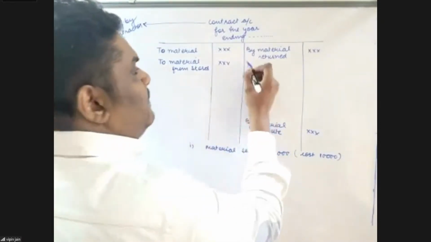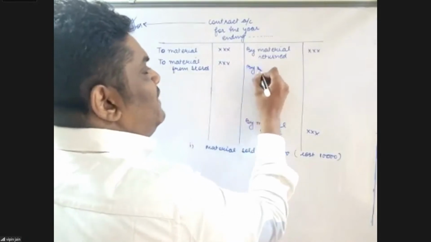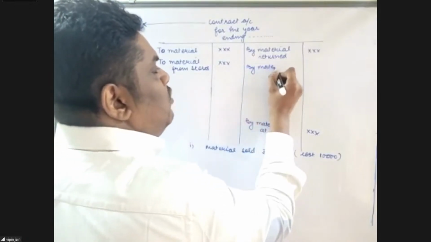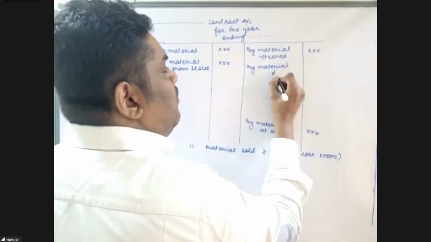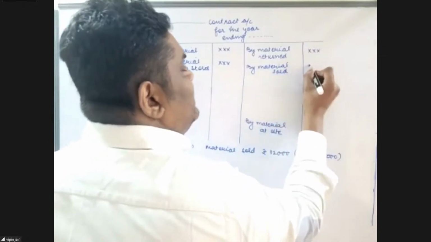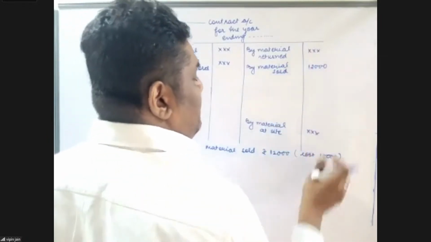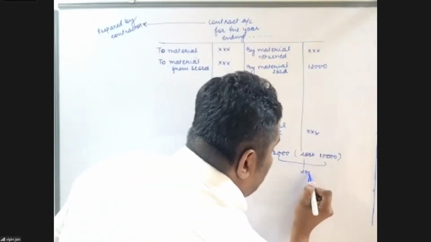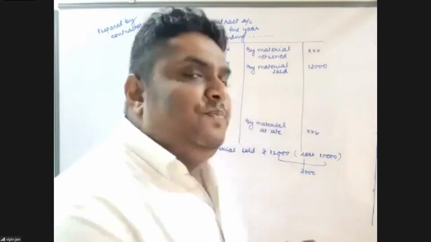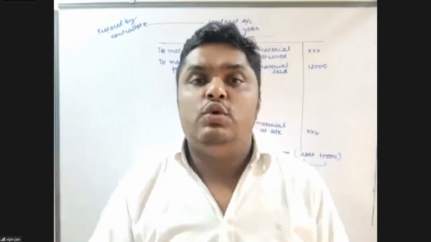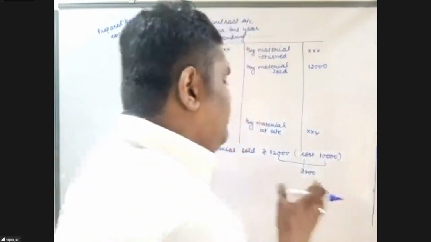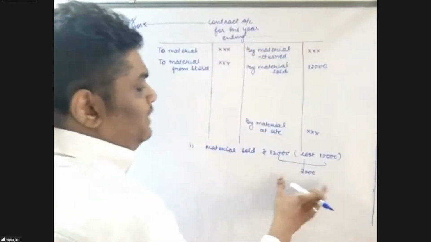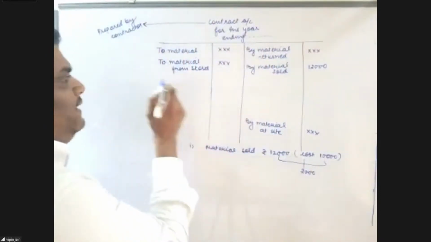So herein we'll write by material sold 12,000, and since there is a profit of 2,000 and this profit does not belong to this contract, the profit element will be eliminated and transferred to costing P&L.